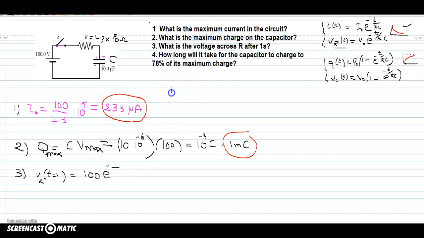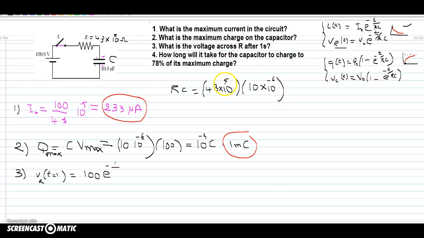What is RC? Well, we can find RC. So R is 4.3 times 10 to the 5th. This is R times C, the RC time, and C is 10 times 10 negative 6.